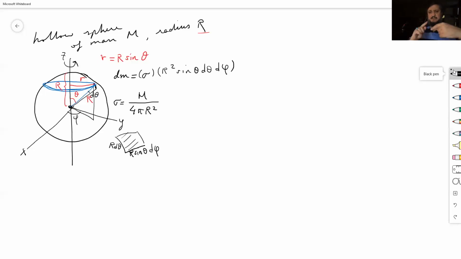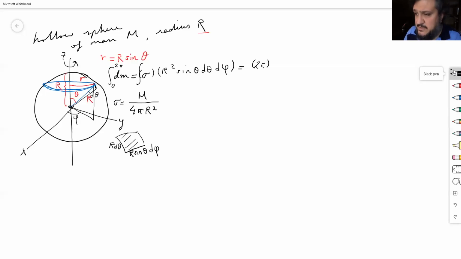But the good thing is, if you rotate it around an axis, no matter what phi is, you'll have a symmetric distribution. So I could just integrate this over phi and get rid of the phi part already. So integrate this from 0 to 2 pi. That's for phi, okay? So from the phi integral, you'll just get 2 pi.